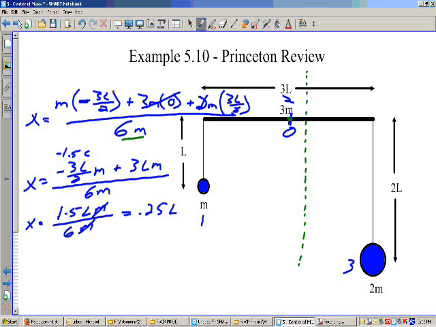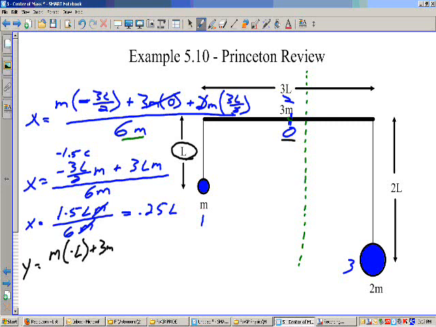Now I want to look at the y-coordinate. I'm going to keep the same origin point and just repeat the process. My first mass is m. It is a negative L distance below my y origin, so I'm going to put m times negative L plus 3m.